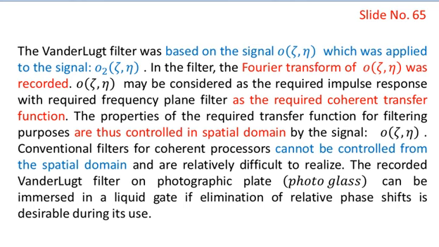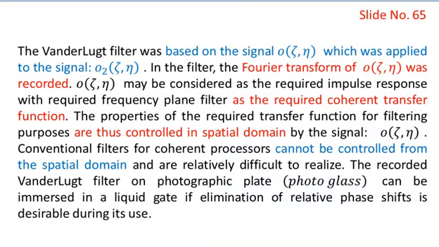The properties of the required transfer function for filtering purposes are thus controlled in the spatial domain by the signal O. Conventional filters for coherent processor cannot be controlled from the spatial domain and are relatively difficult to realize. The recorded van der Rohe filter on the photographic plate or the photoglass can be immersed in a liquid gate if illumination of relative phase shifts is desirable during its use.